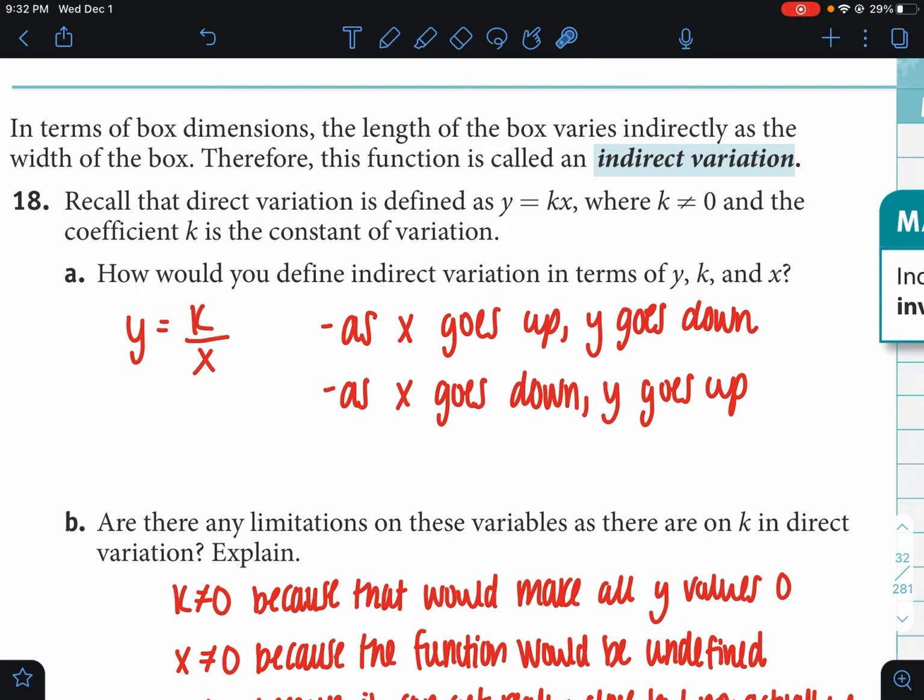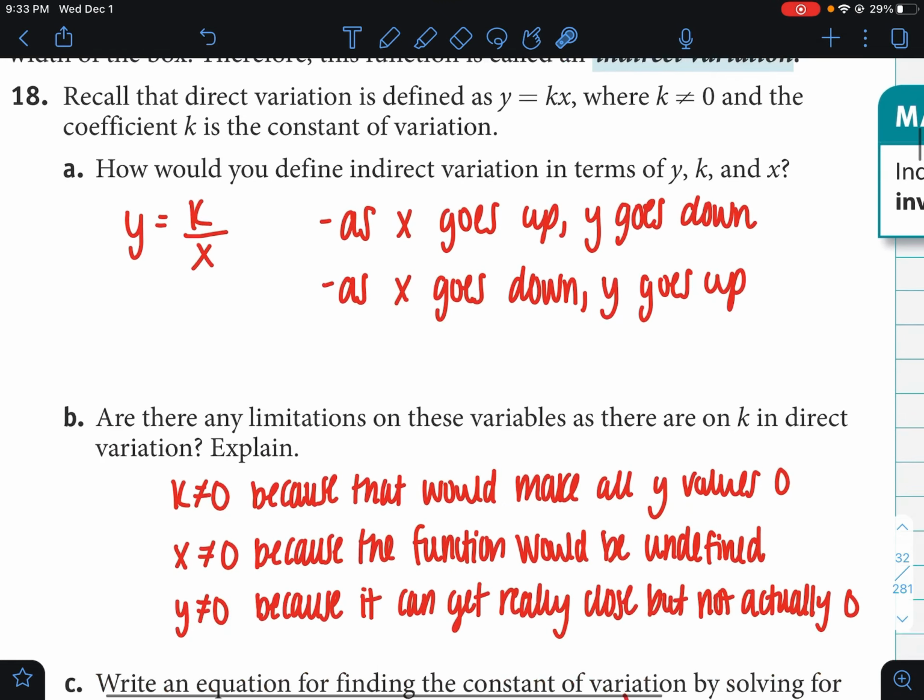So if I'm dividing a constant by a bigger number, my output value is going to go down. Versus if x goes down, if this gets really small, I'm now dividing by a smaller number, which means my output value is going to get bigger or go up. Okay, so this one up, one down is this indirect relationship or indirect variation.